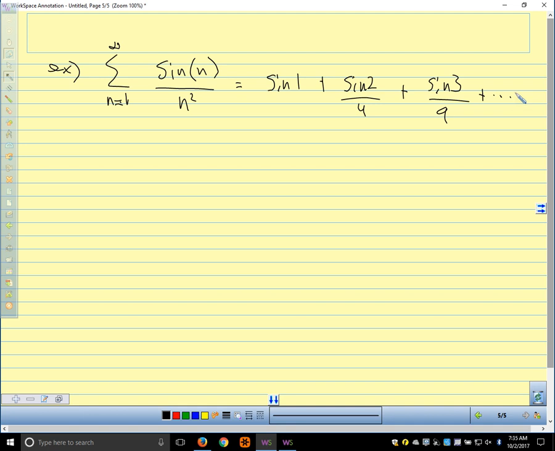We get positive and negative terms because the sine function is periodic. It varies between positive 1 and negative 1, but it's not necessarily every other term. We might have some positive and some negative, but it's not every other term.